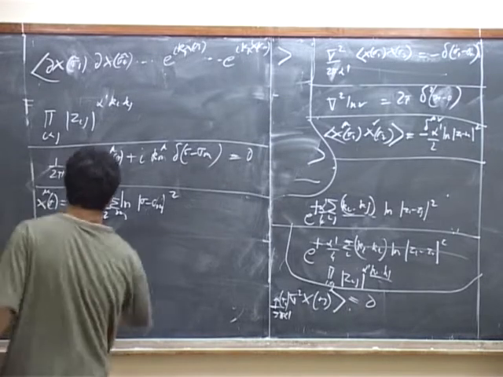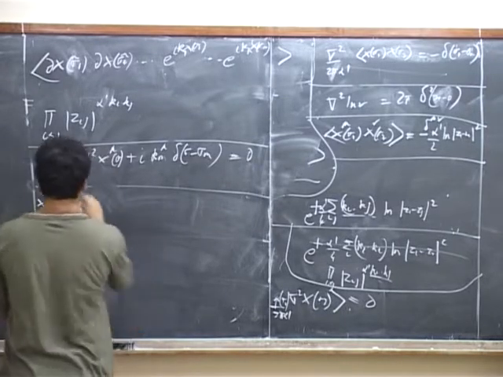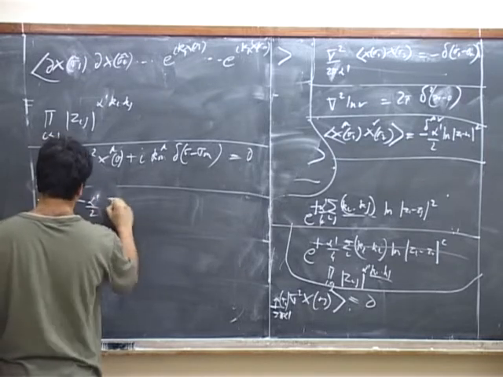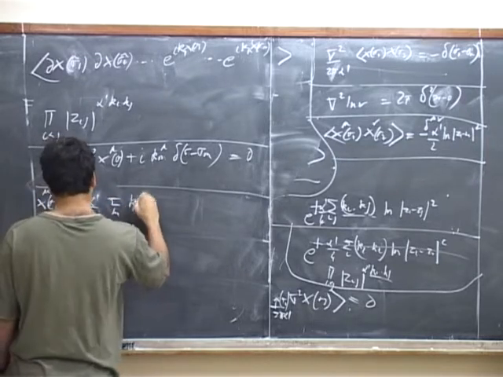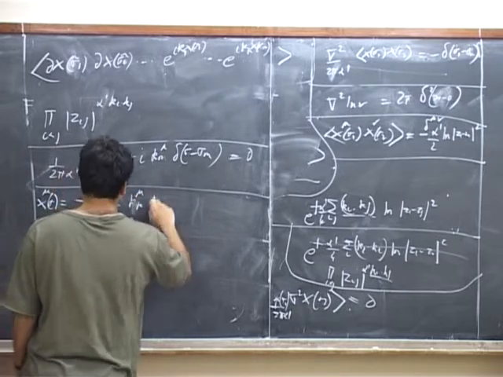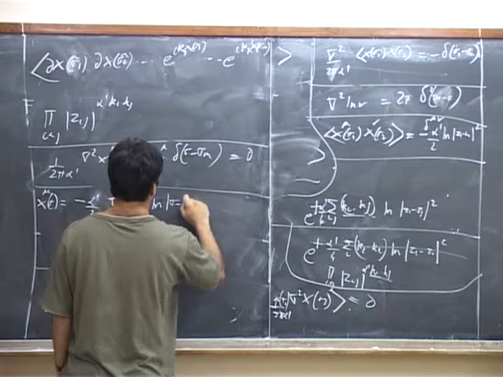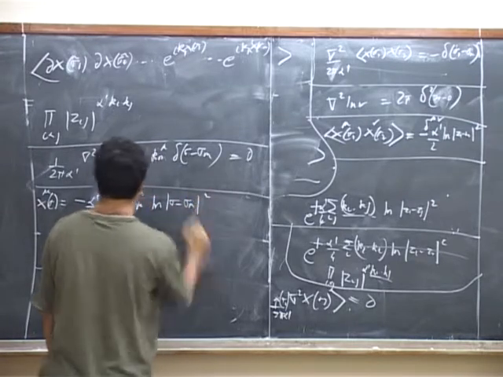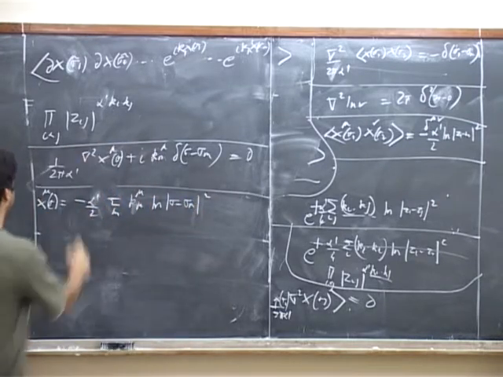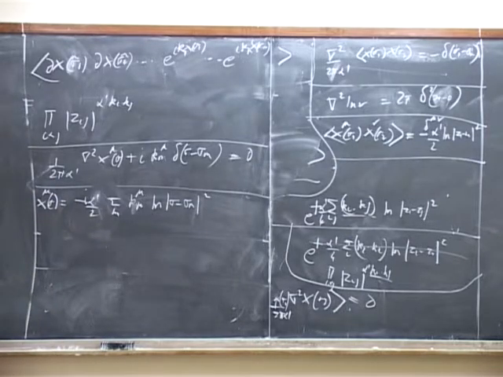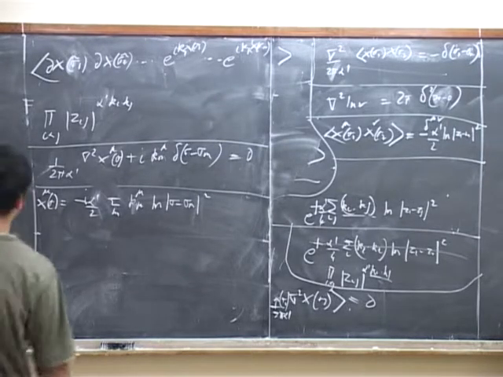It's correct formula. Minus alpha prime by 2 sum over m k mu m log of sigma minus sigma m squared. And I think I understand. Okay, so this is the solution for it.